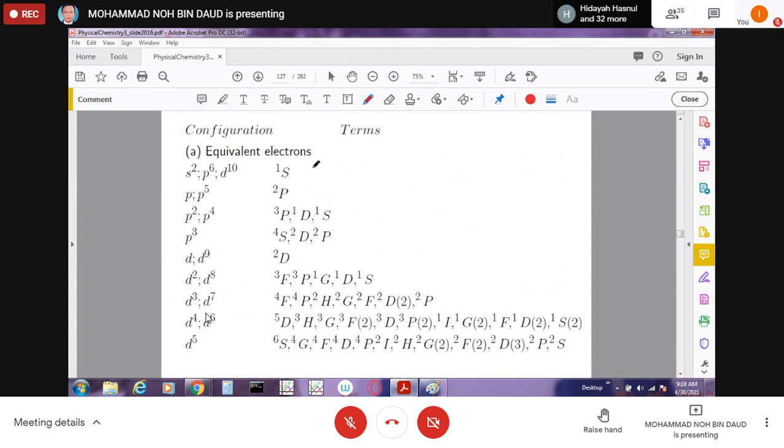I have listed here the equivalent electrons. These are closed shells and also equivalent electrons, like this P2, like this P4.